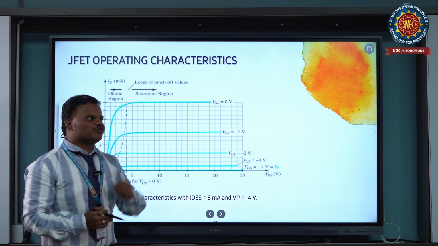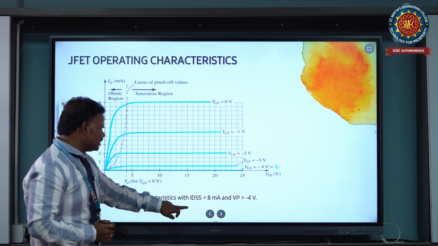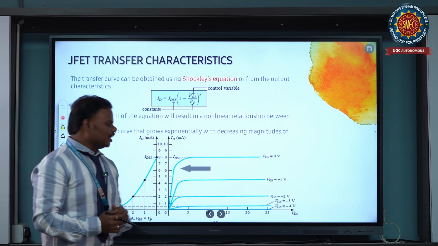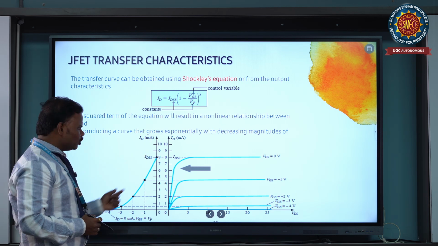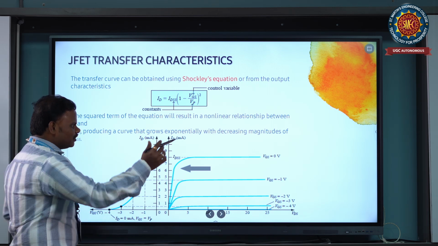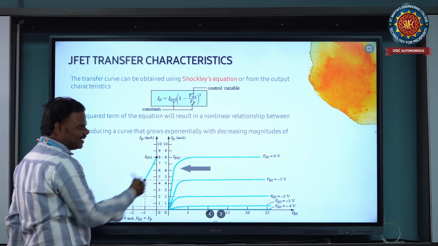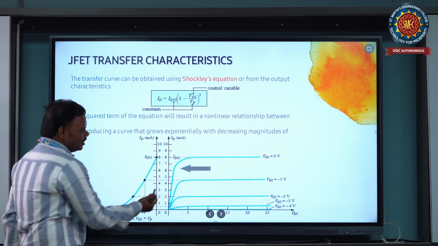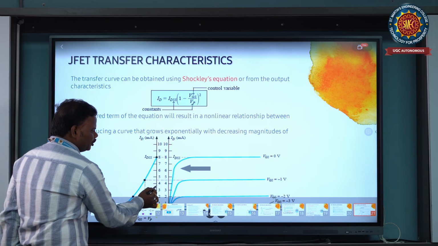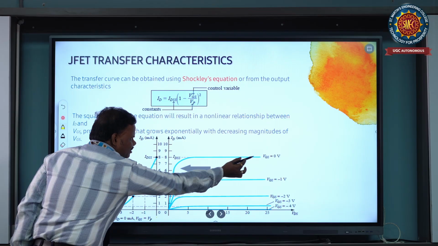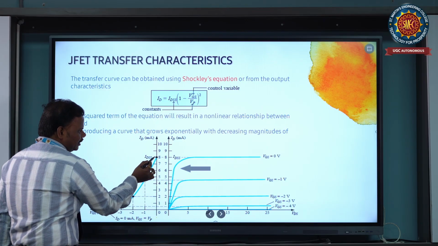There is one more case we need to consider: the relation between ID and VGS, that is input voltage and current value. This can be obtained from the drain characteristics. When we apply VGS equal to 0, we get the maximum current, which I am indicating here.